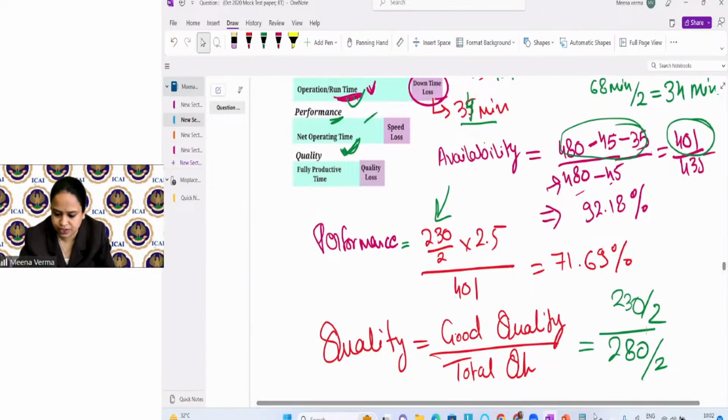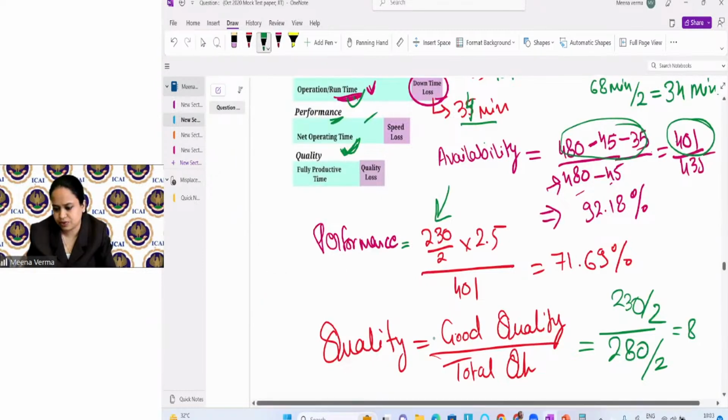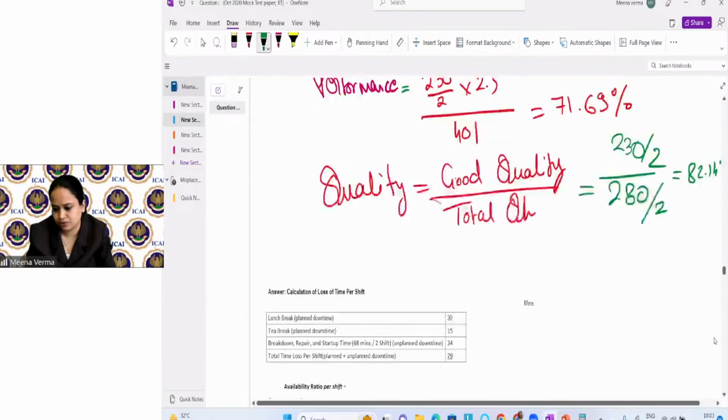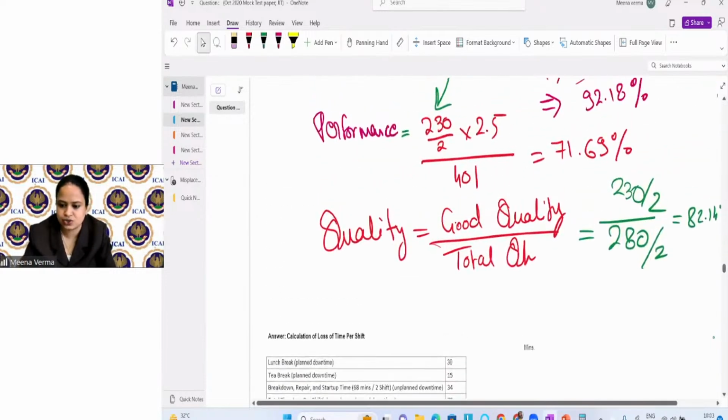You will get the quality ratio. So what is it coming? 230 divided by 280 will give you 82.14%. Right. So in this way, you will calculate these three ratios.